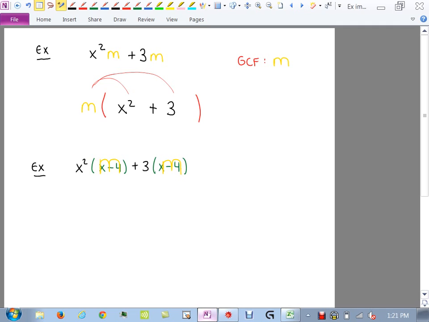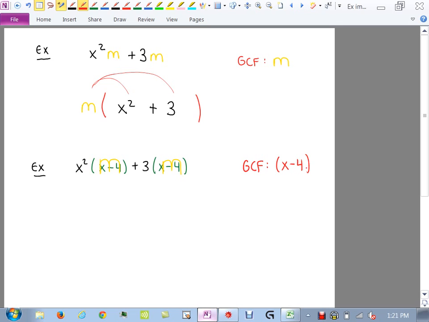So x minus 4 is a common factor in this first term, and x minus 4 is a common factor in this second term. So since they're both common, that can be my GCF. Do you see that? So we're going to essentially call our GCF on the side here x minus 4 in parentheses, okay?